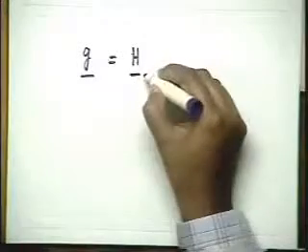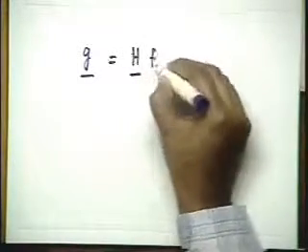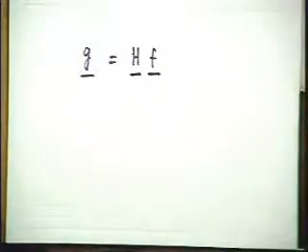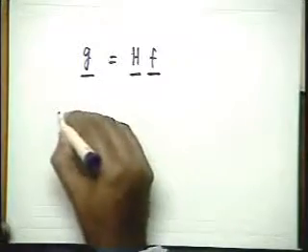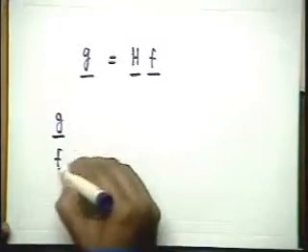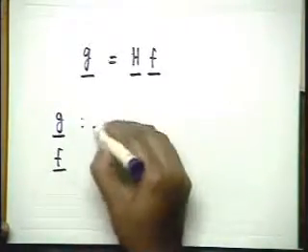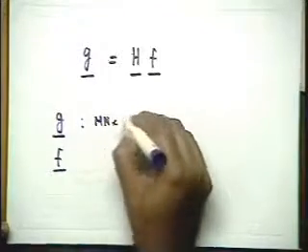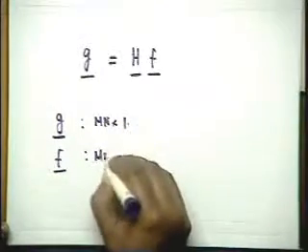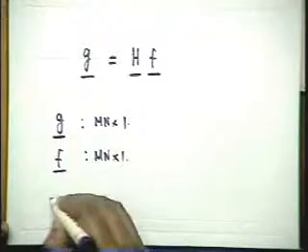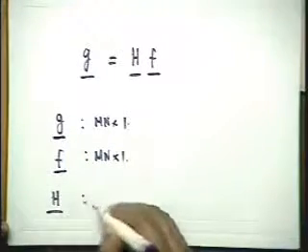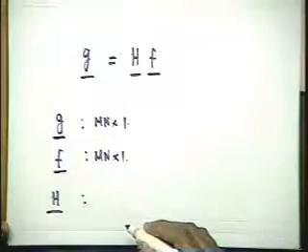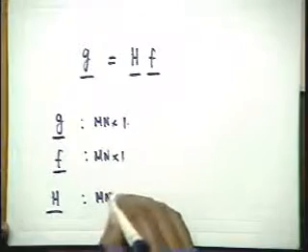G and F are of dimension mn by 1. And what is the size of H? H is of size mn by mn.